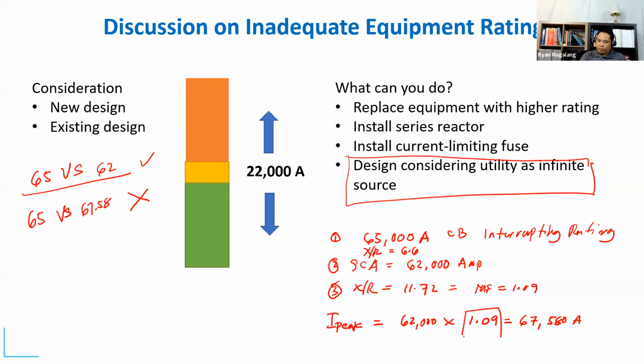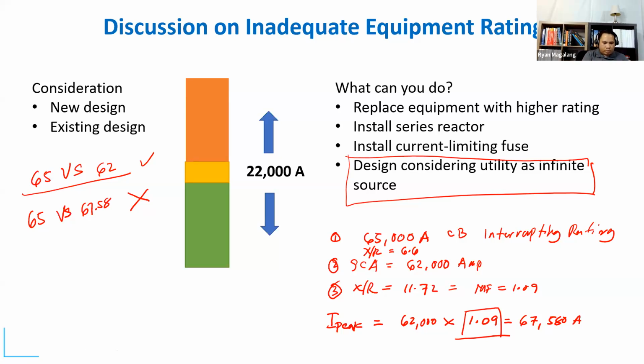Where did this 1.09 come from? Well, that is published by manufacturers. I was going to show you a bunch more data, but they would normally publish what we call a multiplying factor.